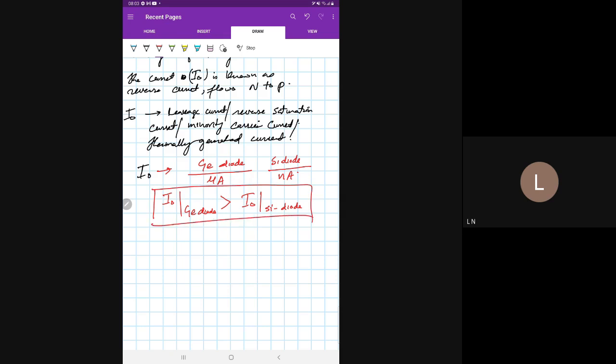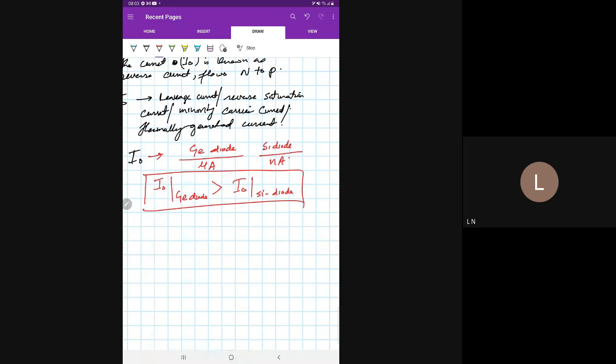Leakage current in germanium is high as compared to the leakage current in silicon diode. And we should note down that I naught, the leakage current, is independent of applied reverse voltage. It does not depend on how much reverse voltage is applied, okay?